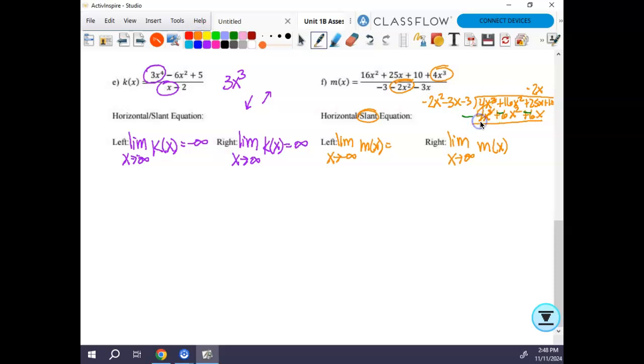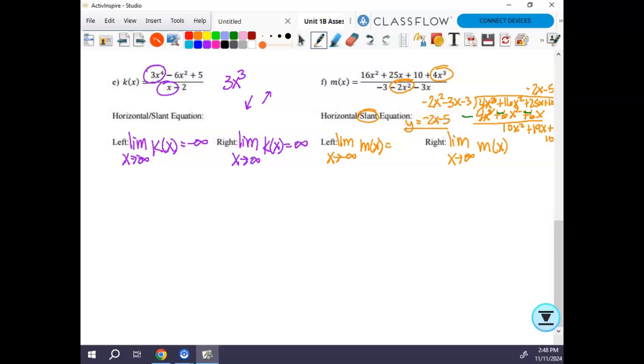Zero out. That is 10x squared plus 19x plus 10. So then 10x squared divided by negative 2x squared is a negative 5. And that's all I got to do. That makes my equation y equals negative 2x minus 5.